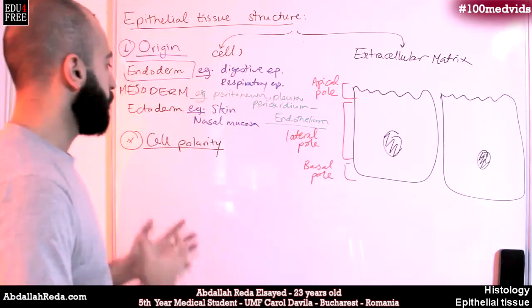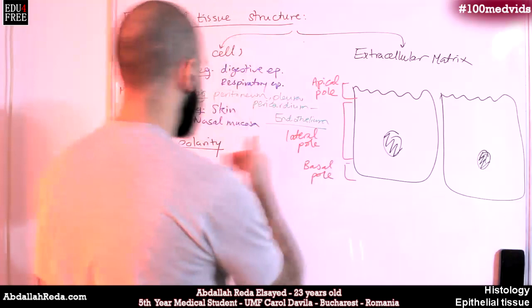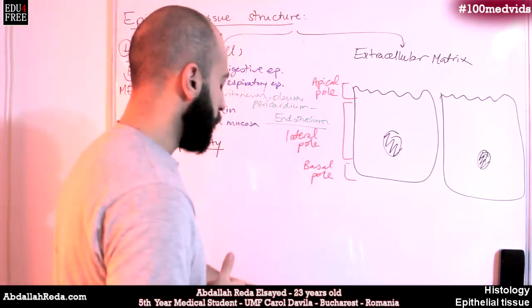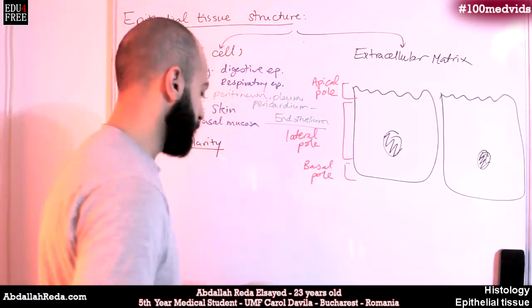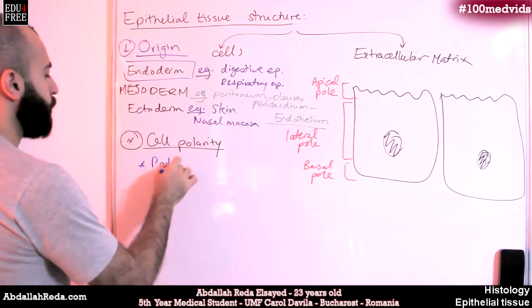What does this cell polarity do? The cell polarity differentiates different structures inside the cell. So first of all, we have different proteins per se.